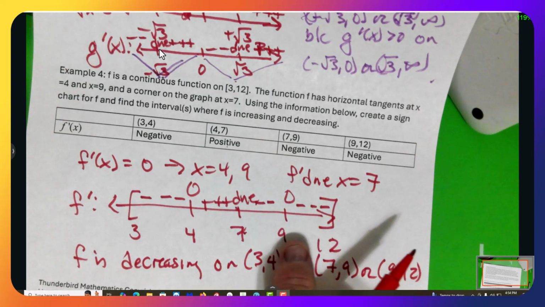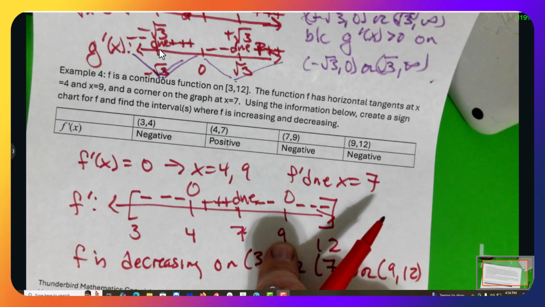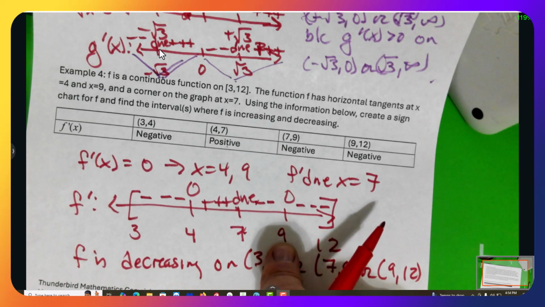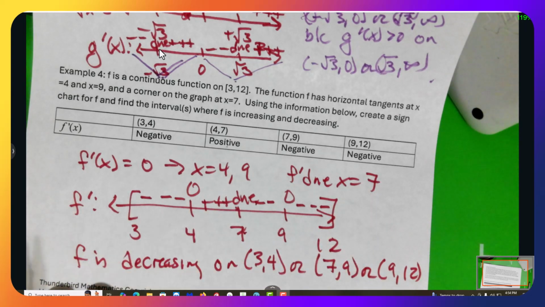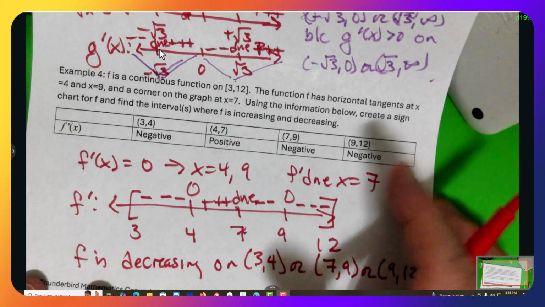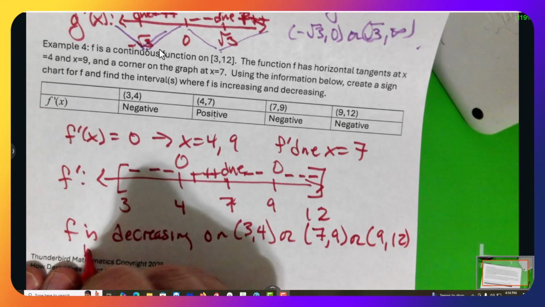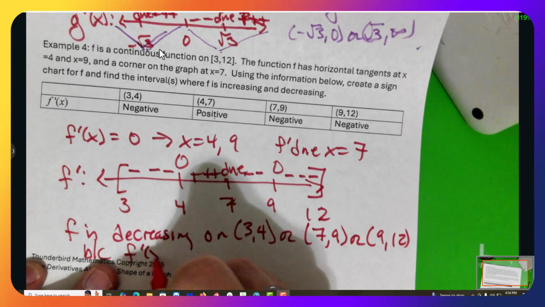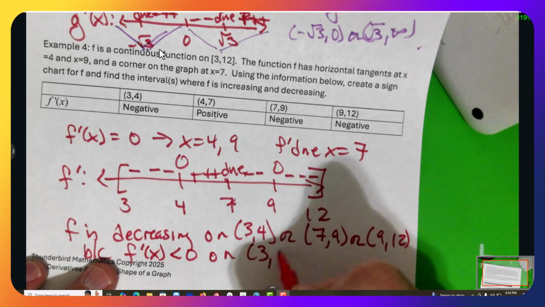However, I can't, because at 9, the derivative f prime of 9 is 0. And 0 isn't negative, and 0 isn't positive, it's 0. So here's an example of a critical point, a critical value, a critical number that is not a local extrema. So on my graph, it's a stationary value.